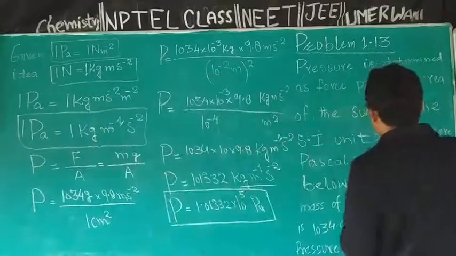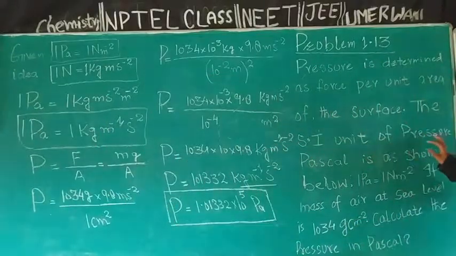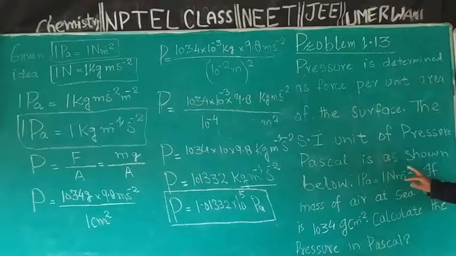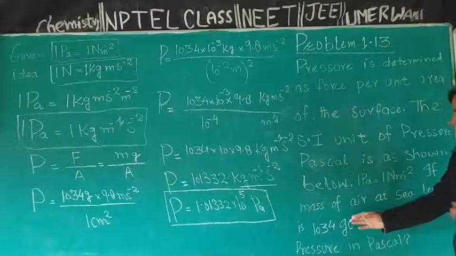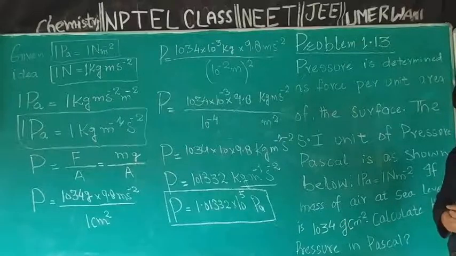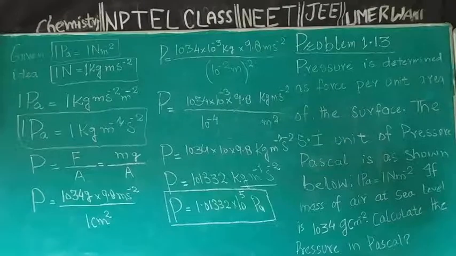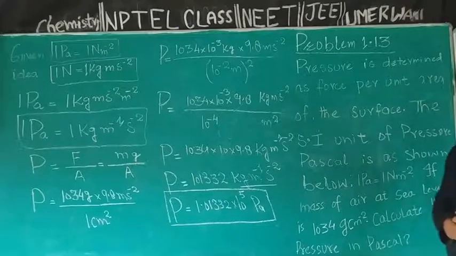Next, the question informs us that the SI unit of pressure is Pascal, and 1 Pascal is equal to 1 Newton per meter square. Next, the question informs us that mass of air at sea level is 1034 gram per centimeter square surface of the air. Now we needed to calculate pressure at sea level in Pascal.